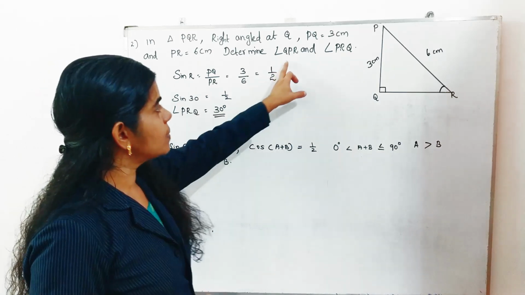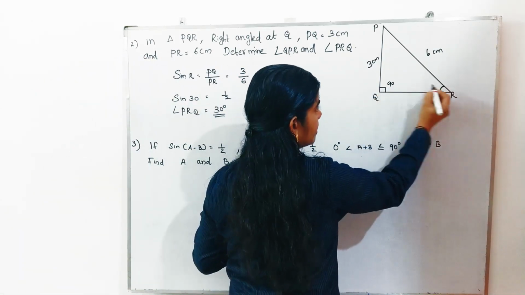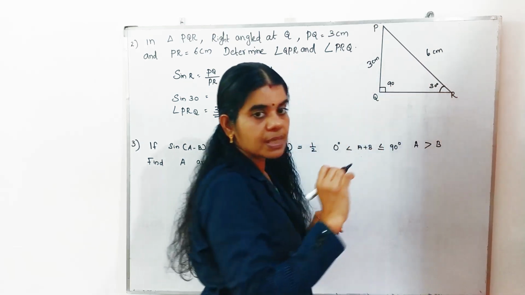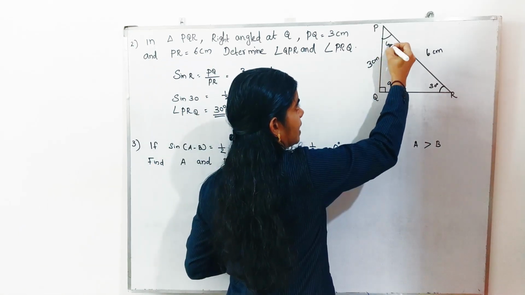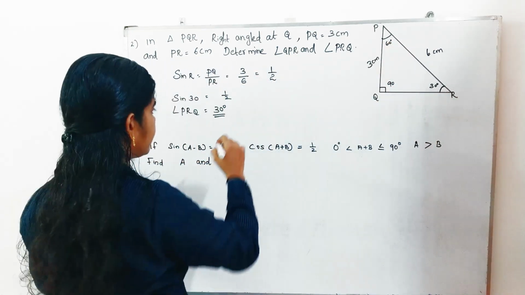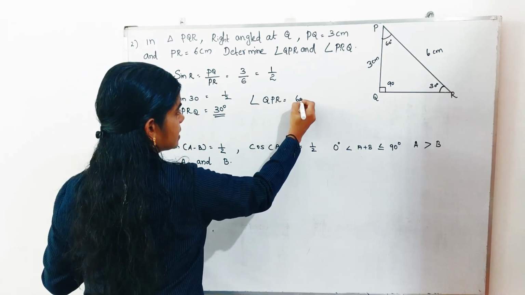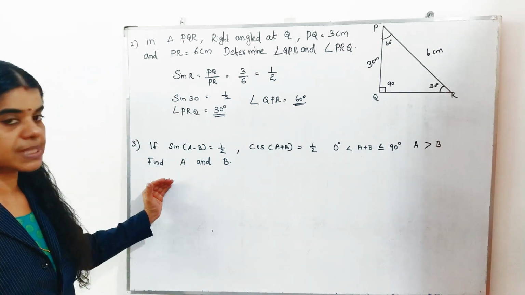Then angle Q, this 90 degree. Then you already know that 3 angles sum will be 180. So this angle will be 60 degree. So we can write angle QPR is equal to 60 degree. Is it clear? Next question.